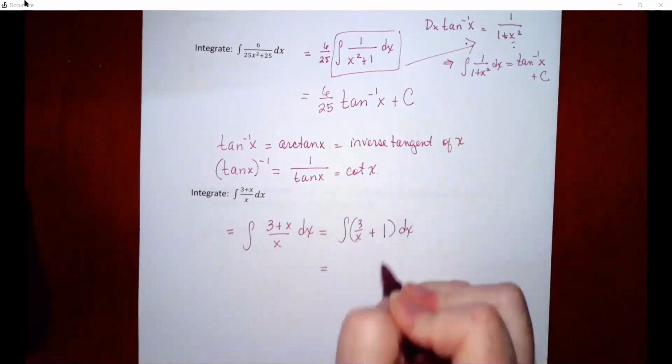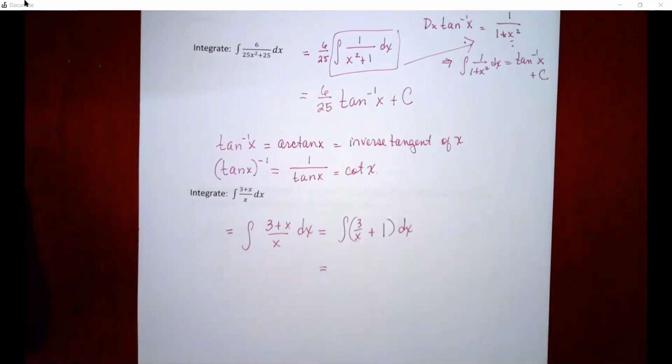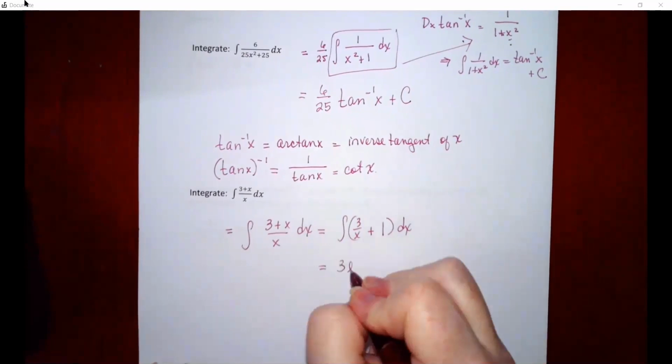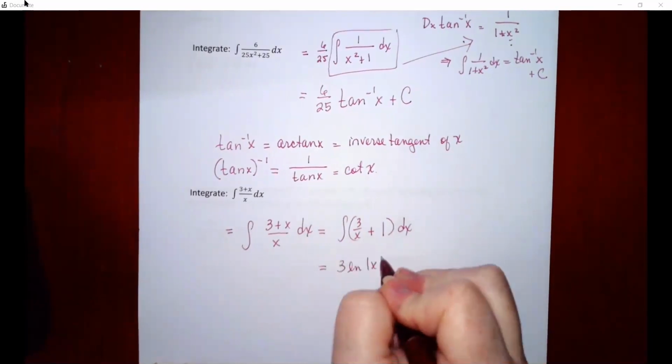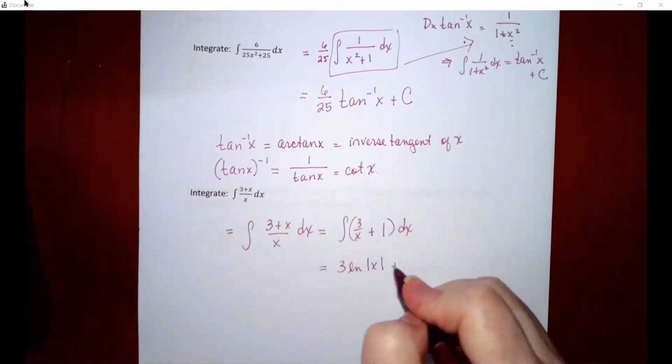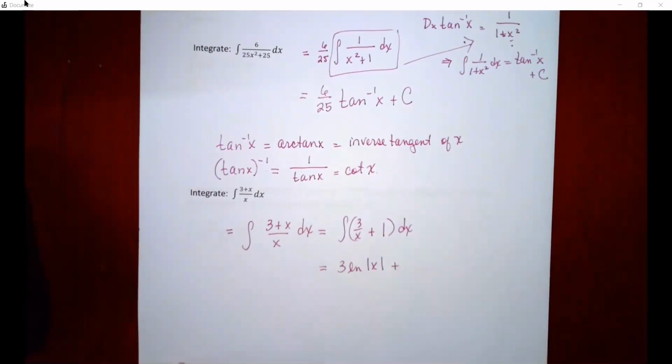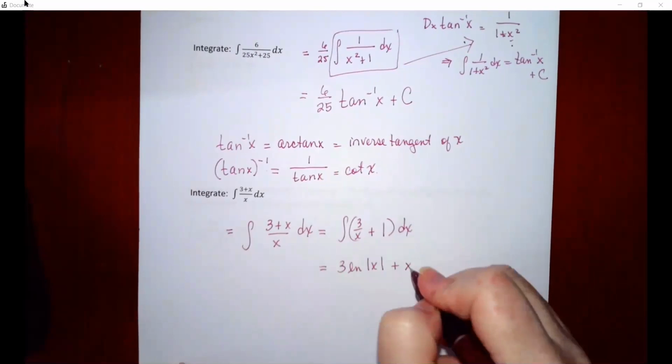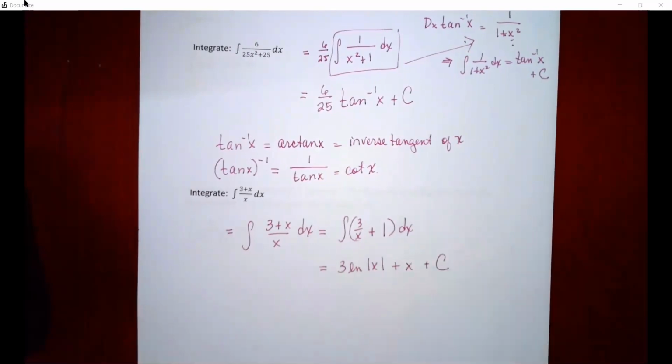What would we get when we integrate 3 over x dx? 3 ln x. Don't forget your absolute value, but yes, good. And then plus x. Perfect. And then plus c. Good job. Anybody else get that?